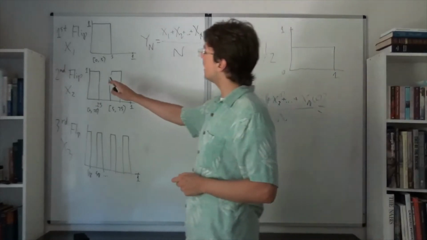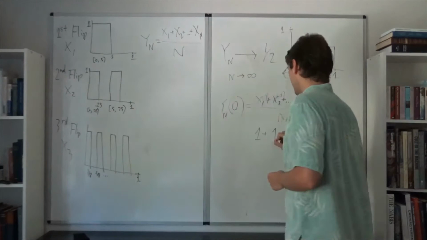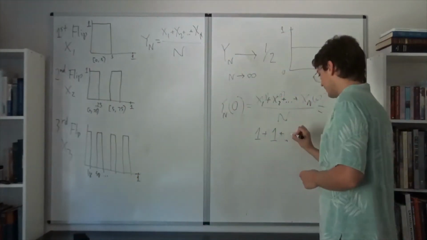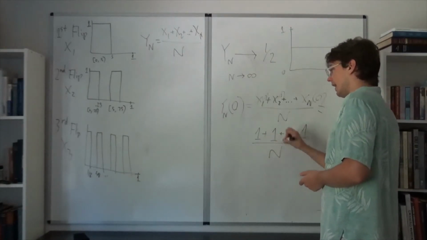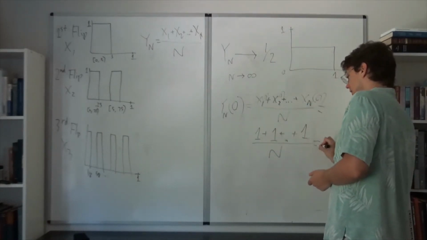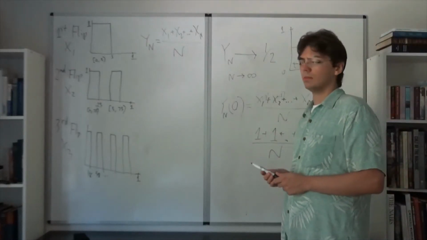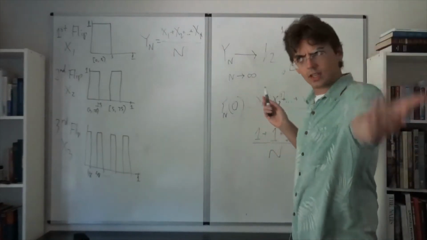For the next one, at 0, I'm again 1. For the third one, 1 again, and so on. I have n ones here, and it equals 1. That's weird. This should go to 1/2, right? Definitely should go to 1/2.